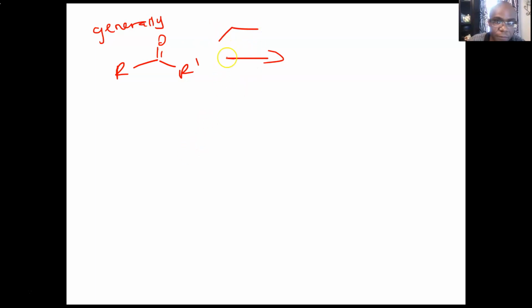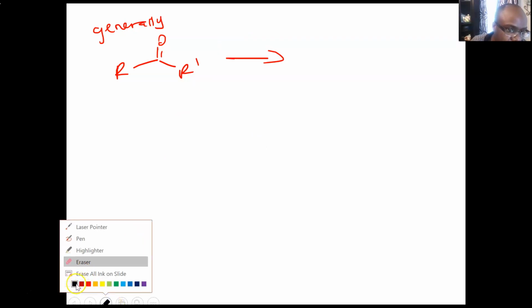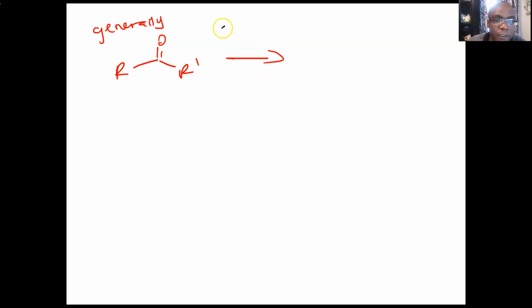So let's say you have this carbonyl group generally, and I react it with a 2-carbon diol, usually in the presence of an acid catalyst because you want to activate your carbonyl.